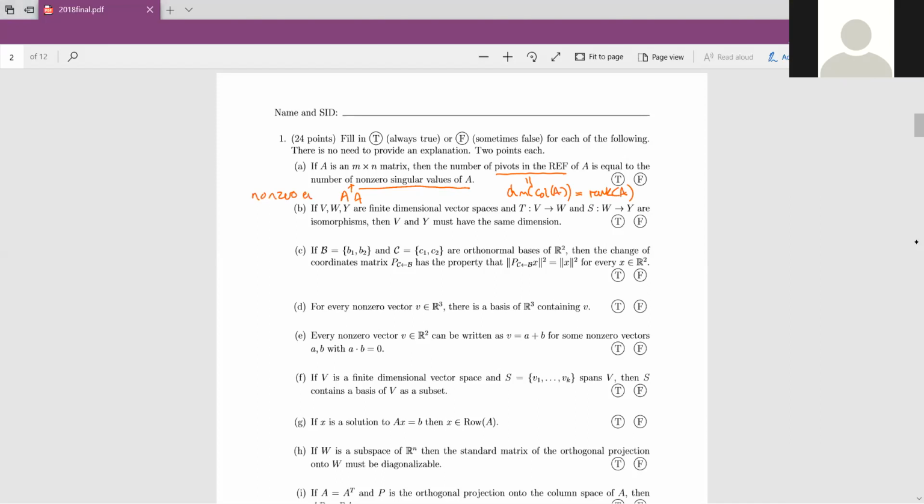Yes. Okay. And, well, how many of those are there? Okay, yeah, the rank. Somebody said this in the chat. So this is also equal to the rank.